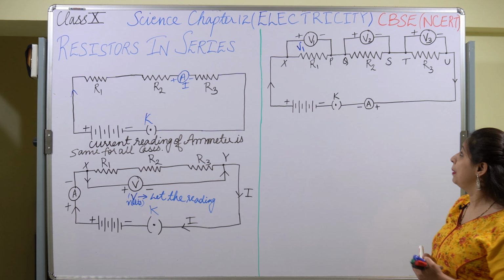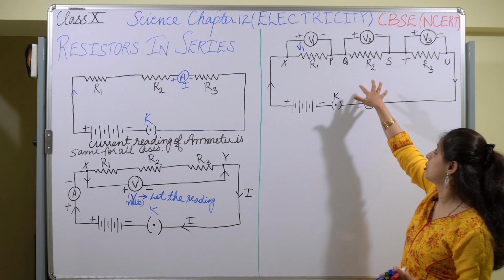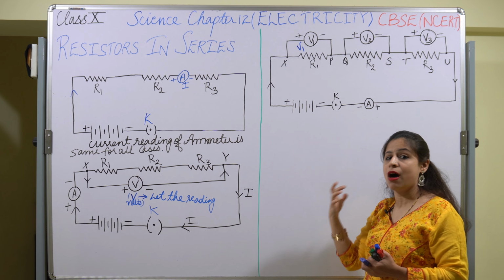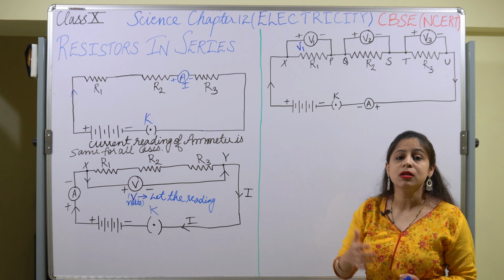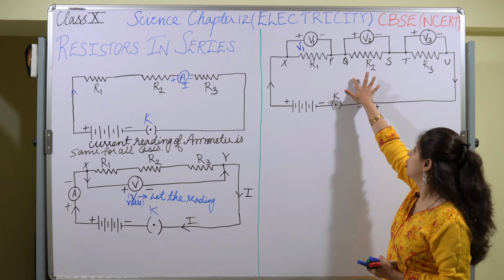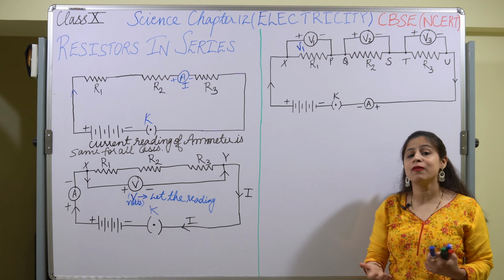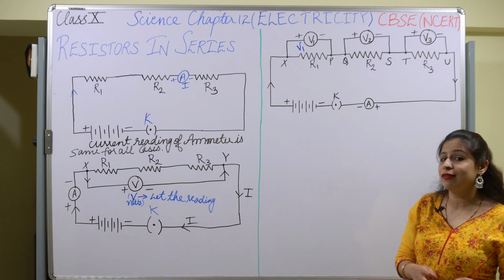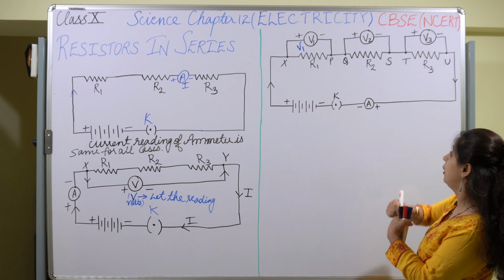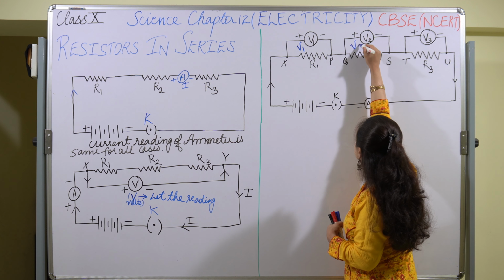Now place the voltmeter across Q and S, across the resistance R2. That voltmeter will also give us some other reading, and let that reading be V2.